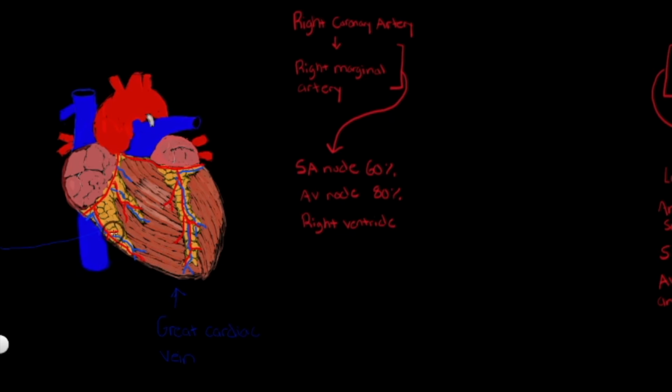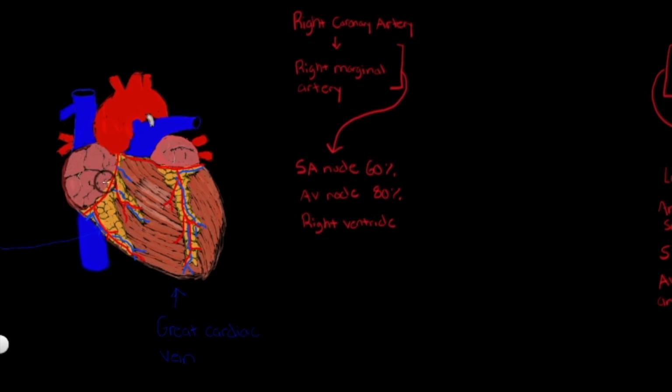And you can kind of see in this picture, because right now we're looking at the anterior view of the heart, this right here is the right atrium. This is the right ventricle. This is the left ventricle. And this is the left atrium. So as you see the right coronary artery coming off to the right side, it makes sense that it is going to supply the right atrium, the right ventricle, and the SA node, which I said is right around up here.